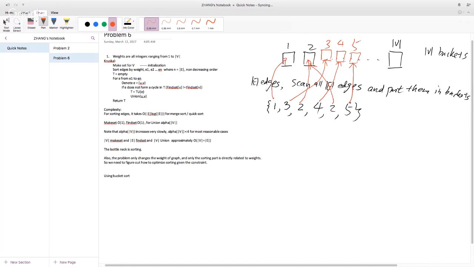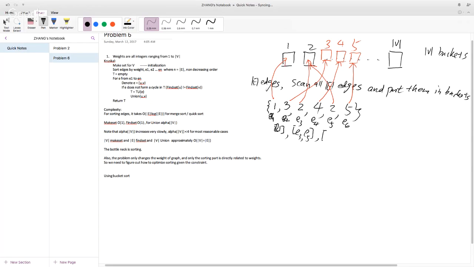So what we get is 5 lists. Suppose these are the vertices V1, V2, and these are the edges E1, E2, E3, E4, E5, E6. For the list of bucket 1, that's E1. For the list of bucket 2, there are two edges, E3 and E5.